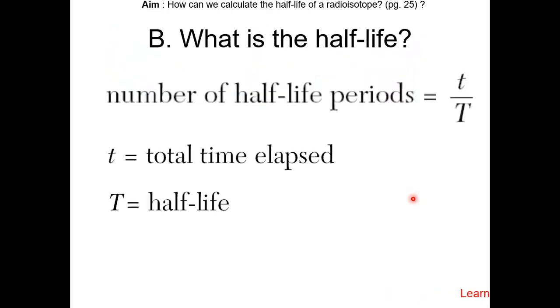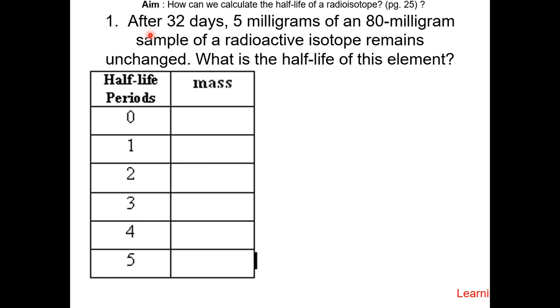For the next scenario, scenario B, we'll be calculating the half-life of the radioisotope. Question 1. After 32 days, 5 milligrams of the 80 milligram sample of the radioisotope remains unchanged. What is the half-life of this element? I will solve this question using the table method. In the beginning, we have 80 milligrams.